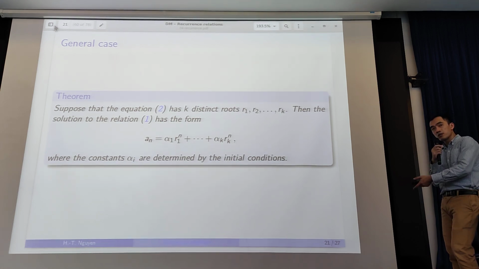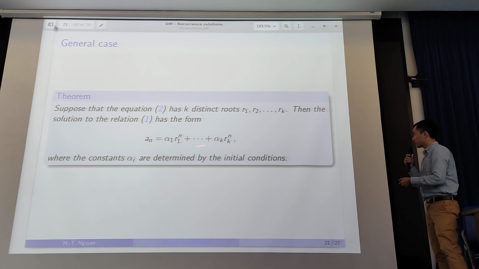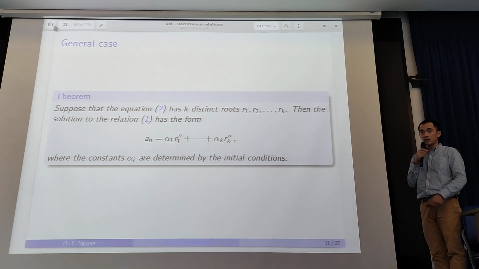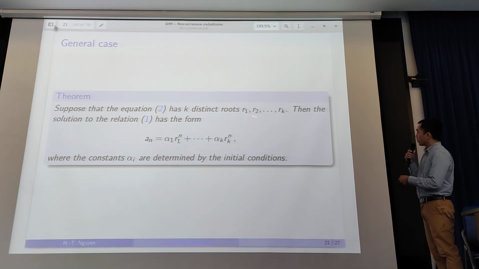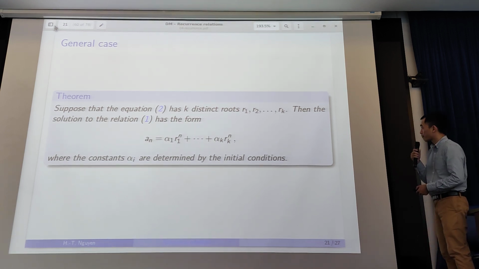So in this case, similar to the case of degree 2, the general solution will be a linear combination of geometric sequences like this one. Okay, so this is where all the roots are pairwise different from each other.